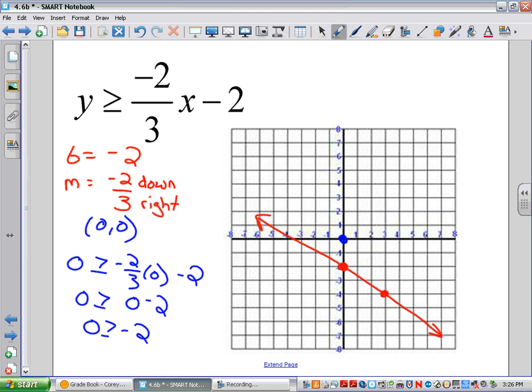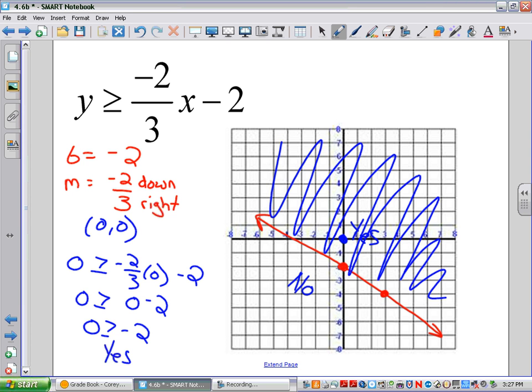Yes or no? 0 is greater than negative 2. I would say that's a yes. That means my blue point over here is my yes side. The other side is my no side. And I always shade the yes side. So over here is where you want to shade.